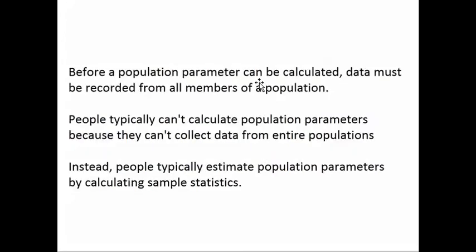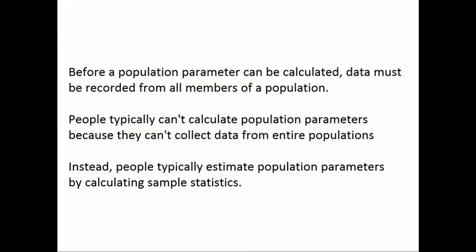Usually, population parameters can't be calculated because a population parameter can only be calculated after data has been recorded from all members of the population. And we know that it's usually not possible or practical to collect data from all members of a population. So, since researchers usually can't calculate population parameters, what they do is they collect data from samples, preferably random samples, and then they calculate sample statistics to estimate the population parameters that they're interested in.